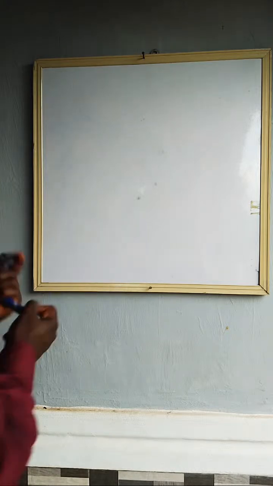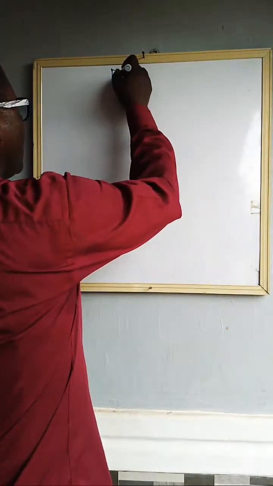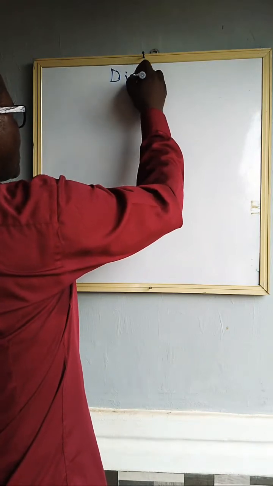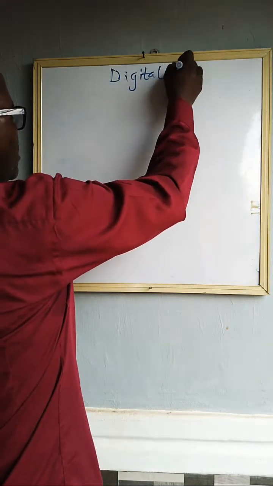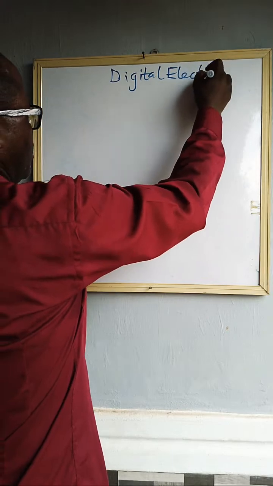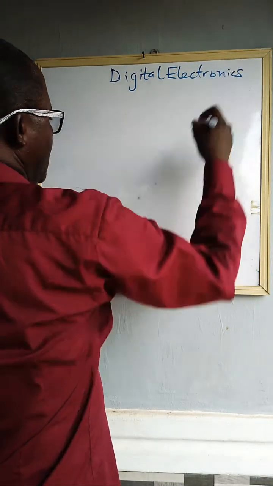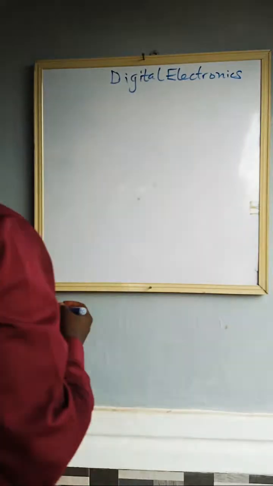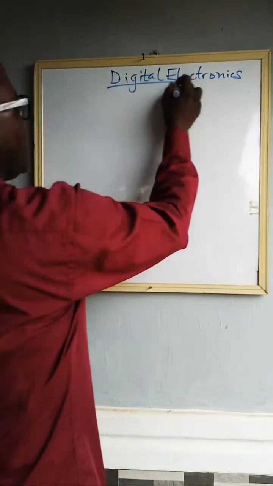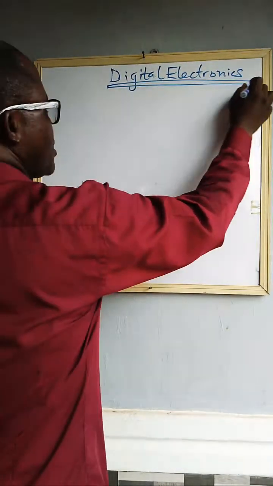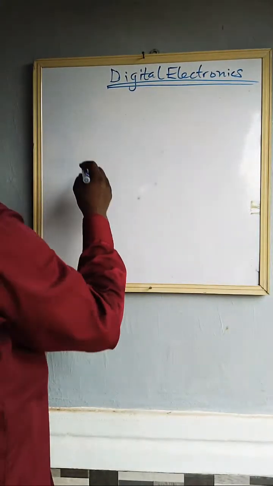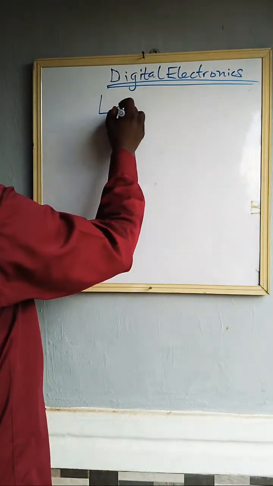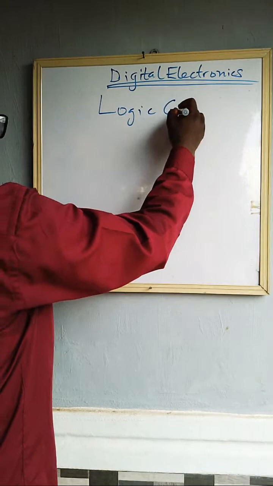So like I said, we are learning about digital electronics. And the basic things we are learning are the basics of logic circuits, logic gates.